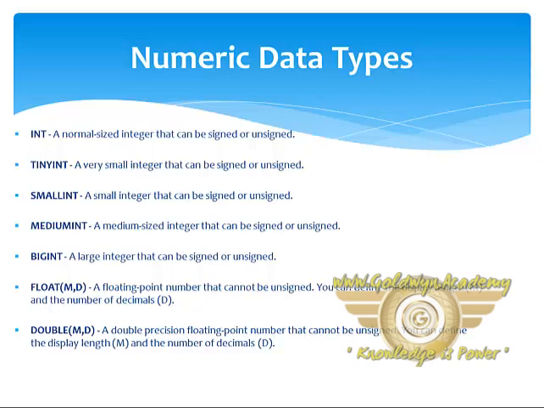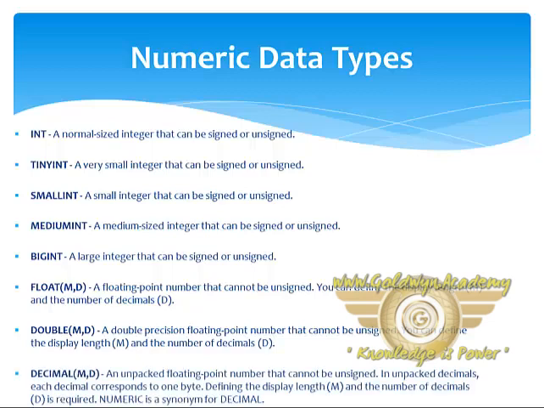Same, you can define the display length by M and number of decimals by D. Decimal. It is an unpacked floating point number that cannot be unsigned. These data types are used to store information in numeric format.